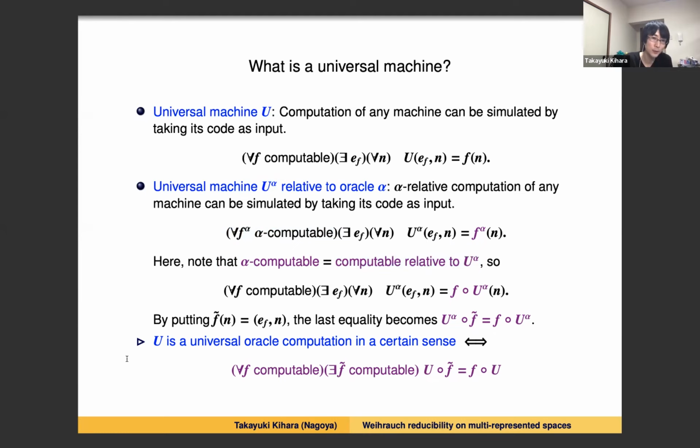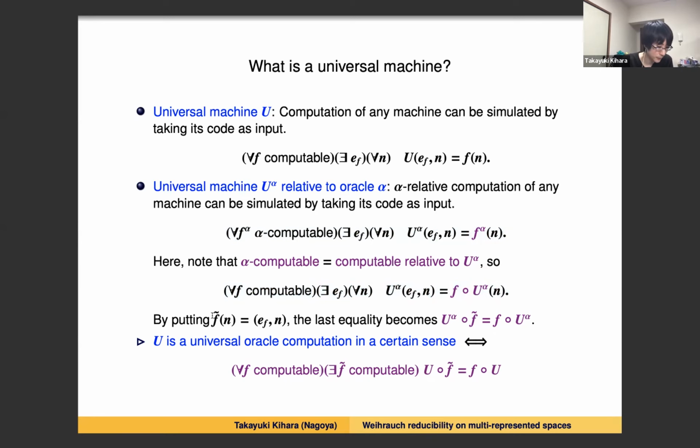So the alpha computable function F alpha can be expressed as a composition of a computable function F and the alpha-relative universal machine U alpha. This can be rewritten as: for any computable function F, there exists a code EF such that for any n, U alpha of EF, n is equal to the composition of F and U alpha of n.